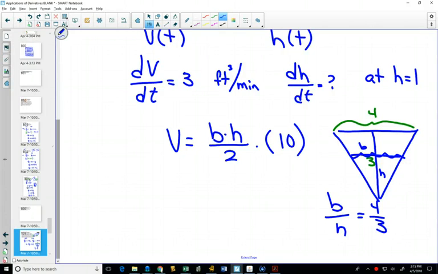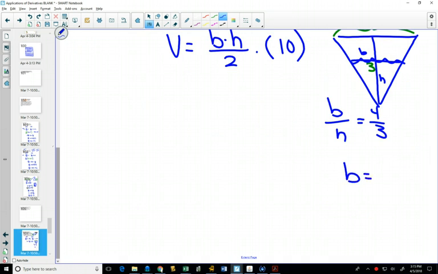Does that make sense? If I do a ratio of my base to my height, it has to be equal to 4/3. Now what that allows me to do is solve for my base and get that my base is 4/3 my height.